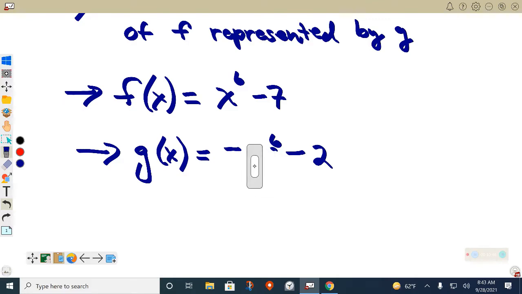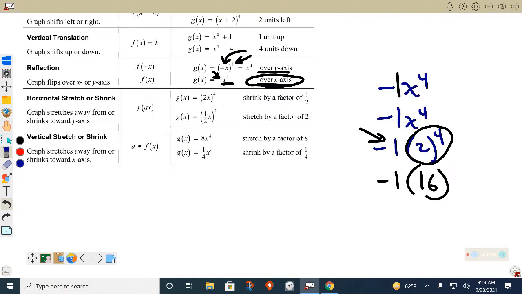So this is going to be a reflection over the x-axis, because there's no parentheses around the x and the negative. If there was, it'd be over the y-axis. So this is going to be a reflection over the x-axis.